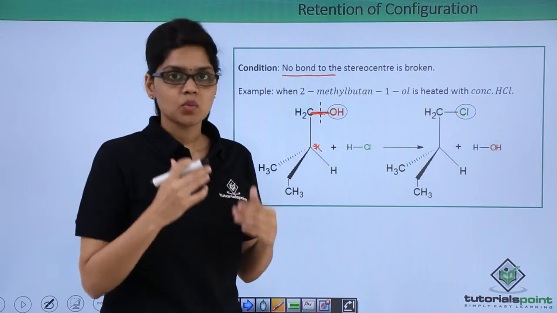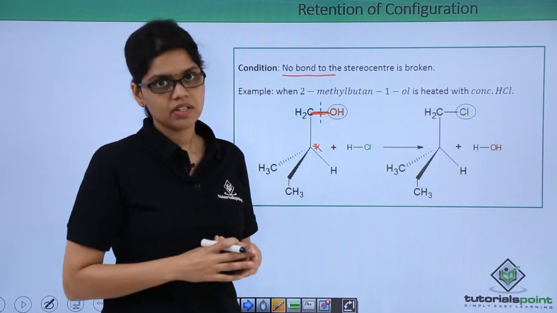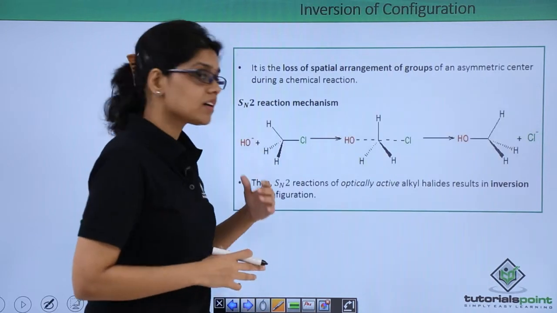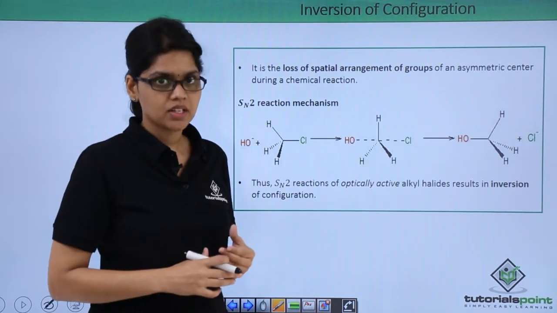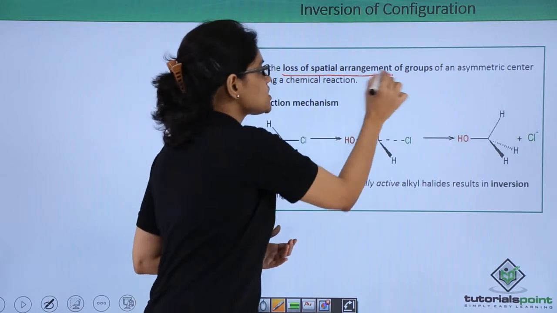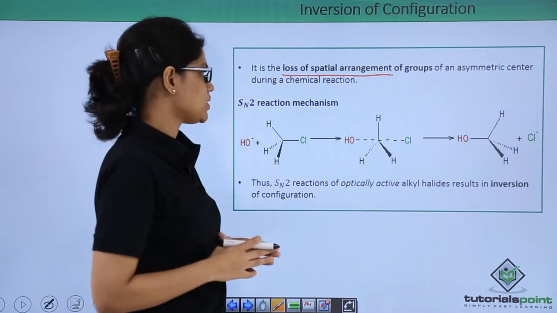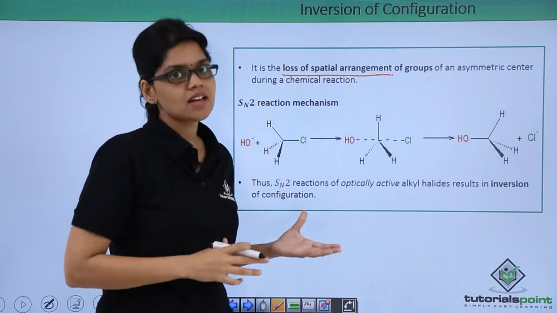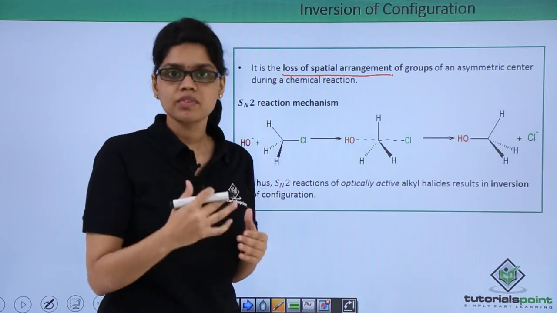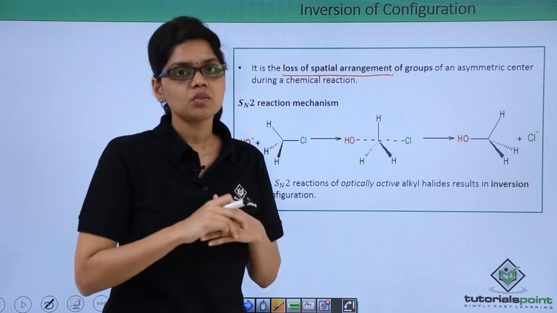Let's try to understand what we mean by inversion of configuration. As you can possibly assume, in inversion of configuration, there is a loss of spatial arrangement of groups of an asymmetric carbon during a chemical reaction. A typical example in which inversion of configuration takes place is the SN2 reaction.